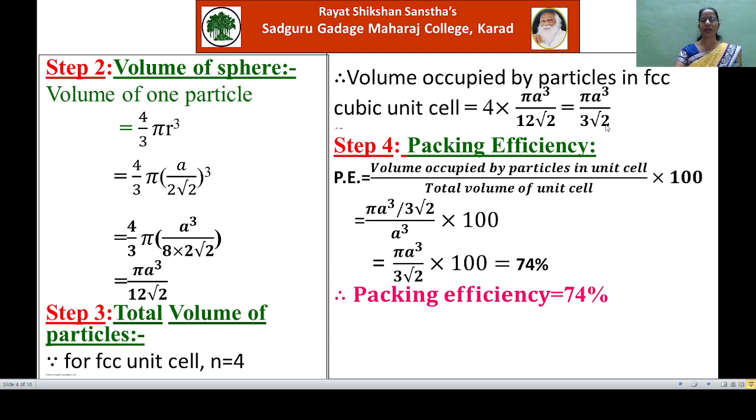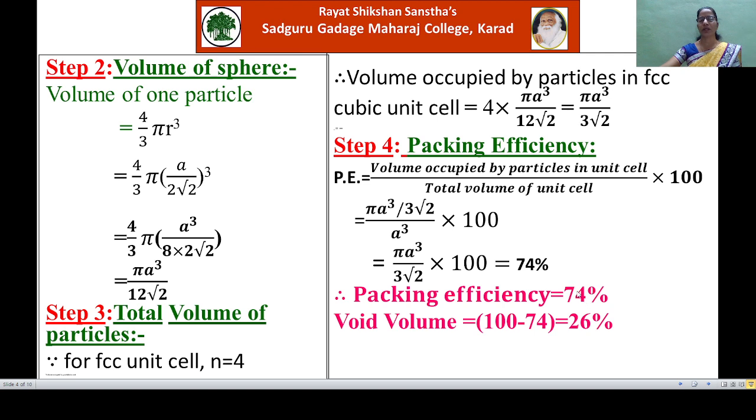By knowing this packing efficiency, we can obtain the volume which is unoccupied, that is empty space, also named as void. So void volume is equal to 100 minus 74, that is equal to 26%. In this manner, we obtain the packing efficiency of the face-centered cubic unit cell, and you will observe that this packing efficiency is more.